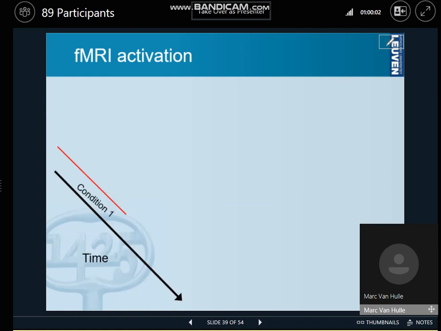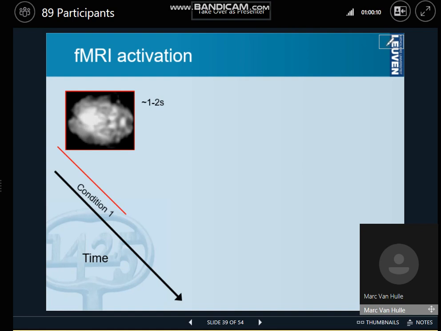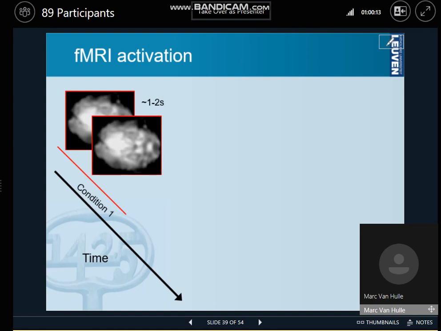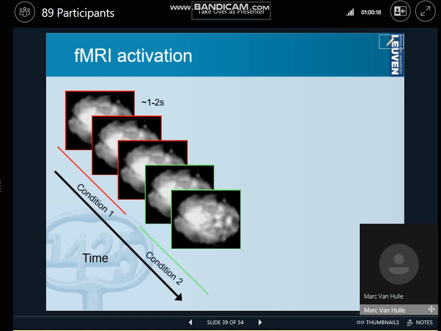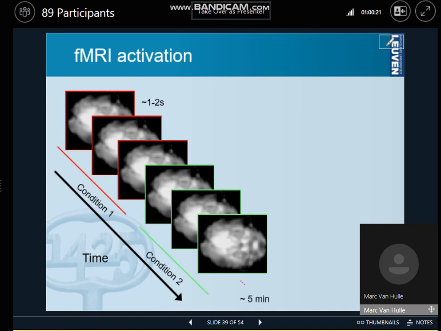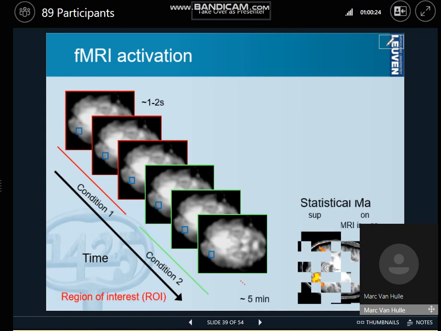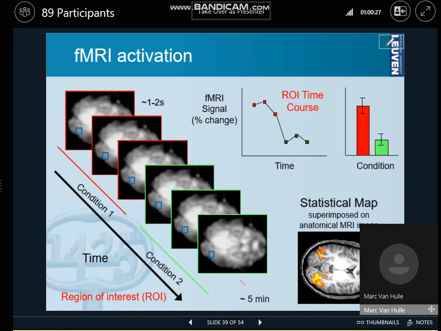So if you then set up what you want to use in terms of communication, slide 39, you can have two conditions. Condition one, you record some activity in response to that. Then you present condition two, and you record some activity in response to that. And eventually, for your region of interest, you can figure out that the signal change for the red case and the green case is differing, and this way you can figure out the response pattern to your paradigm.